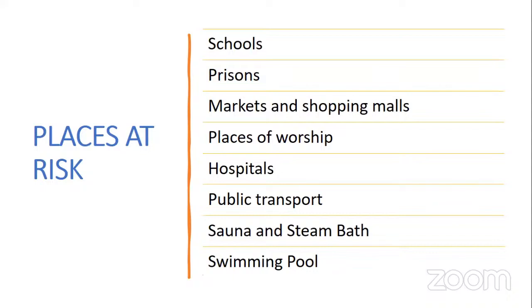Then, of course, shopping malls and markets, places of worship, and people using public transport because we are seated close to each other, we can easily contaminate each other. Then saunas and steam baths, and of course, swimming pools. So basically, when you look at this, you'd wonder whether we should have another lockdown or what. I don't know.